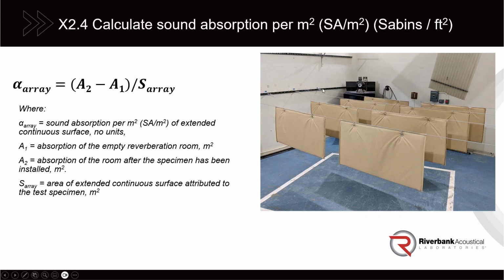The type J mounting, this suspended spaced object array mounting method, assumes that there is a sufficient distance from the objects to the test surface that the reflected sound off the test surface is no longer influencing the absorption.